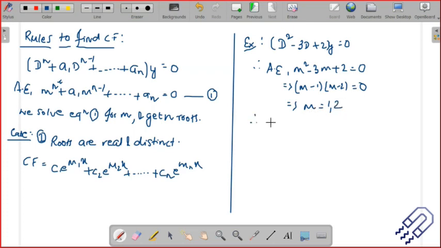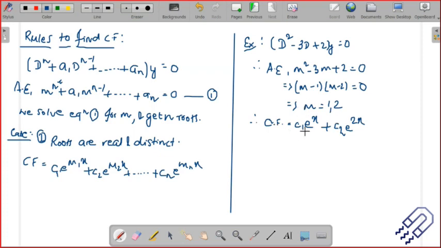So therefore, for such form, if you want to write down the complementary function, it's very simple, right? It is c1, so c1 will remain. Okay, we have a constant there, c1 e^(m1 x). So m1 is 1, so I'll just put it as x, plus c2 e^(m2 x). m2 is 2, so I'll write down e^(2x).